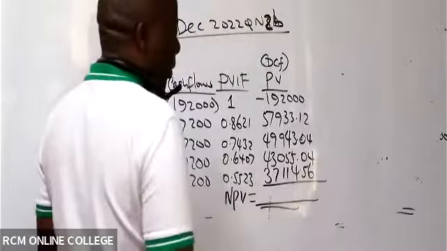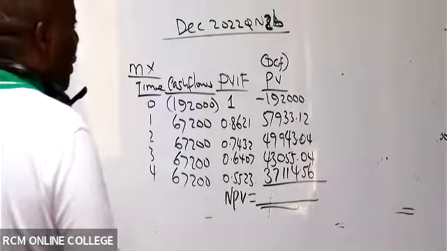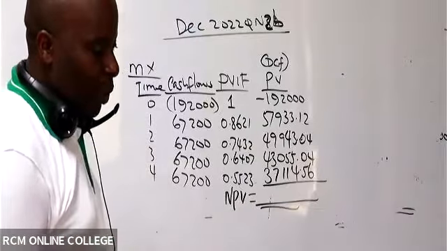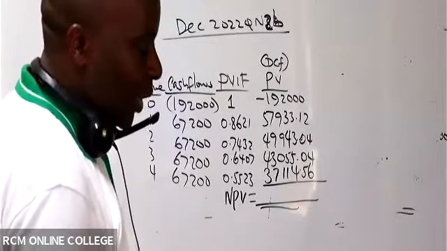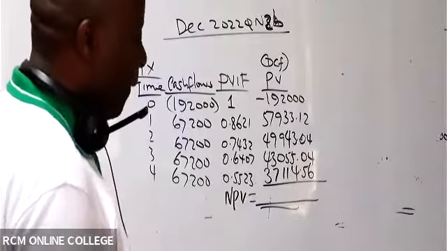Give us the net present value. Now you can add all the discounted cash flows. Remember, these are discounted cash flows. So according to Chep Coril, she's getting 37,114. No, that's for year number 4.